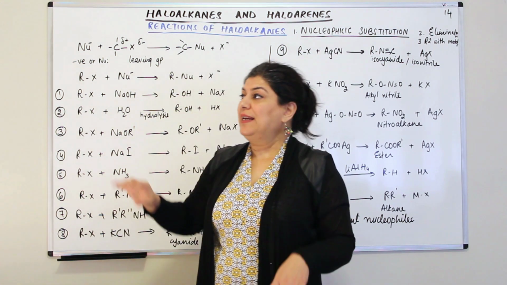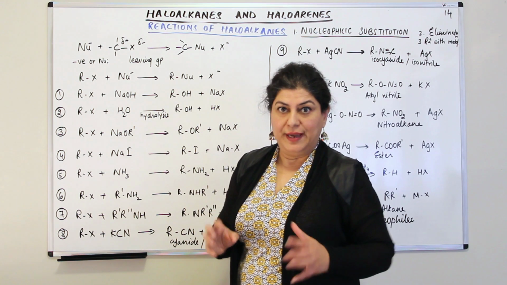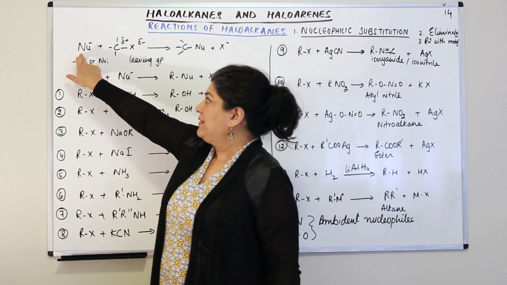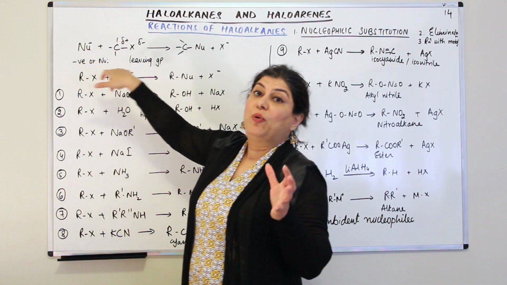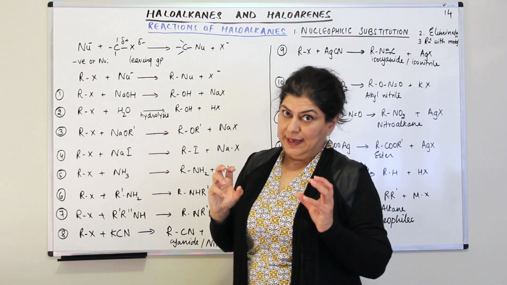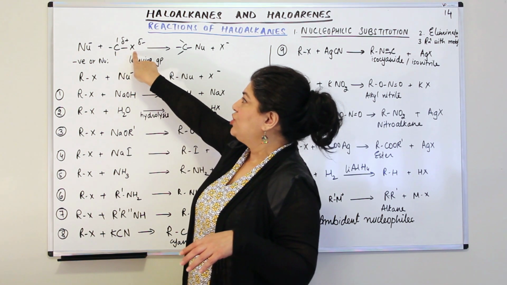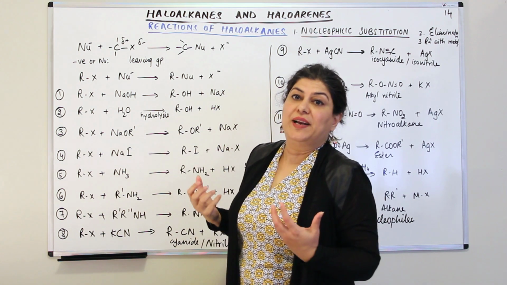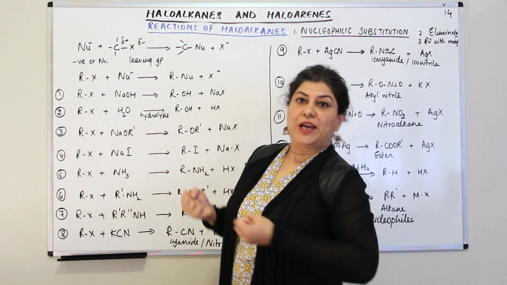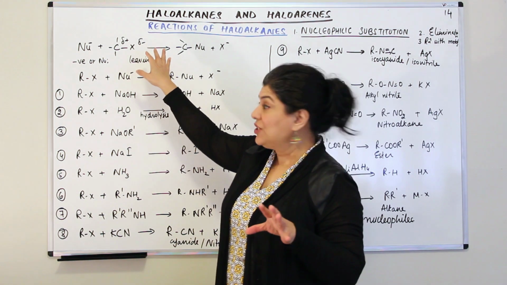So what is happening? In a nucleophilic substitution reaction, a nucleophile, which is a negatively charged species, attacks the positive part of a haloalkane. What is the positive part in a haloalkane? The halogen, since it has more electronegativity, pulls the shared pair of electrons towards itself, thereby acquiring a partial negative charge.